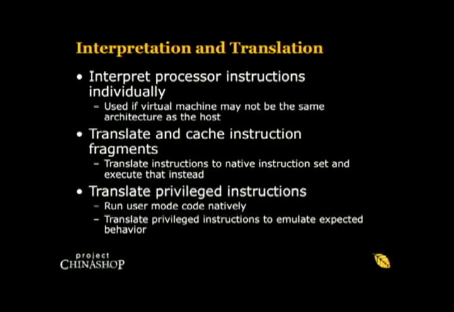So we have things like Virtual PC for PowerPC. The earliest versions, like this one, interpret processor instructions individually. It's basically just one big emulator, a kind of lightweight virtualization. It's slow.